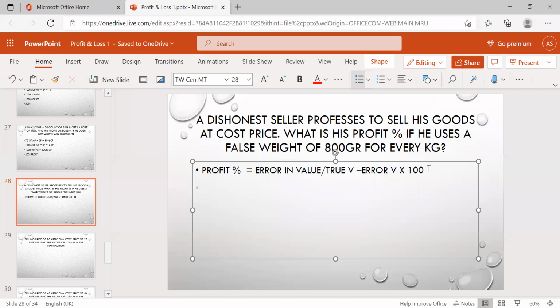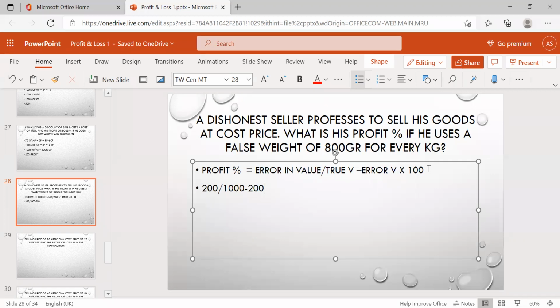The error value is 1000 minus 800, so 200 grams is the error value, right? The error value is the true value minus the false weightage.